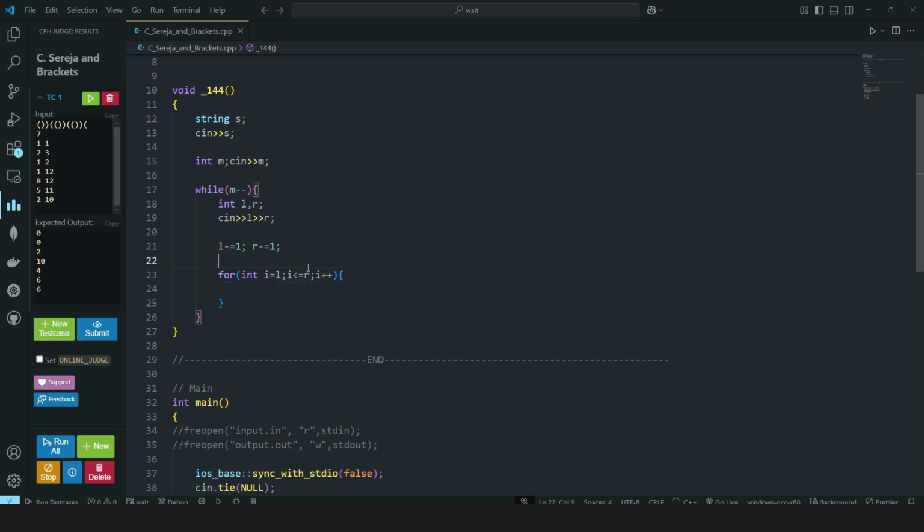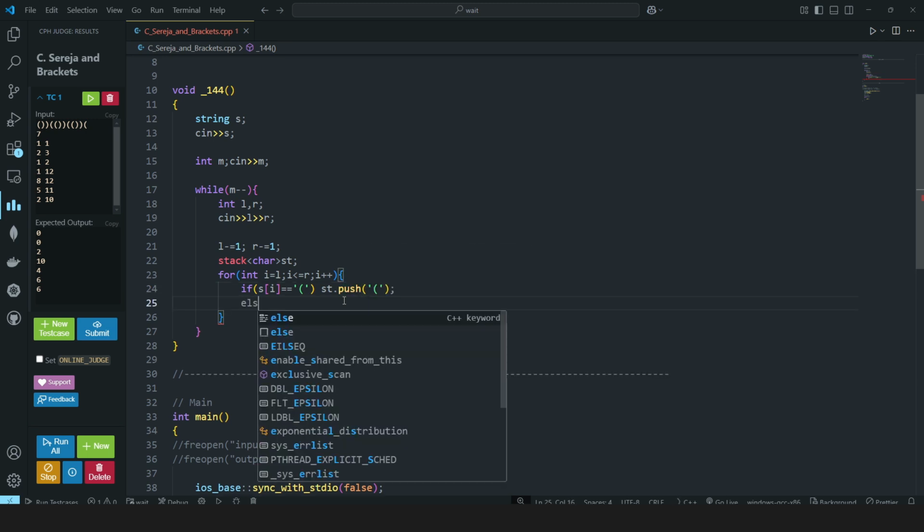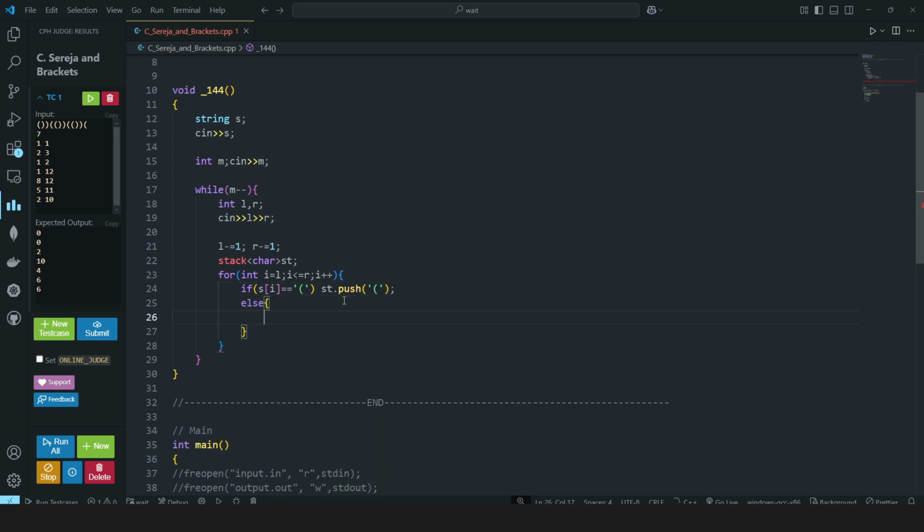But also make sure that before starting the iteration we have to use a stack, right? So I will say stack of character, let's name it st. Then I will check if my current character, s of i, is an opening bracket or a closing bracket. If it is an opening bracket, I will just do st.push of this opening bracket. And if this is not the case, that is, it is a closing bracket, then what do we want?